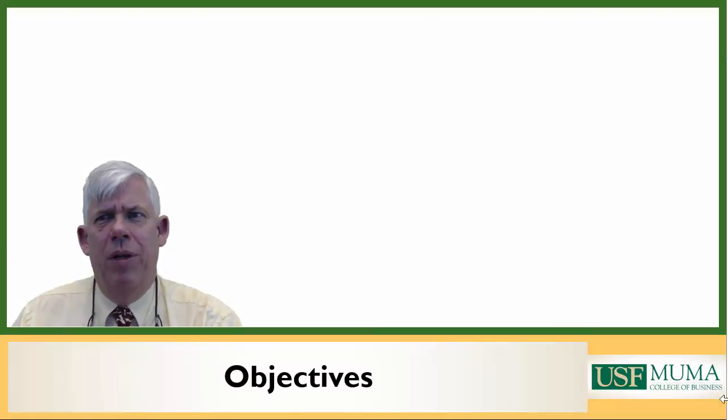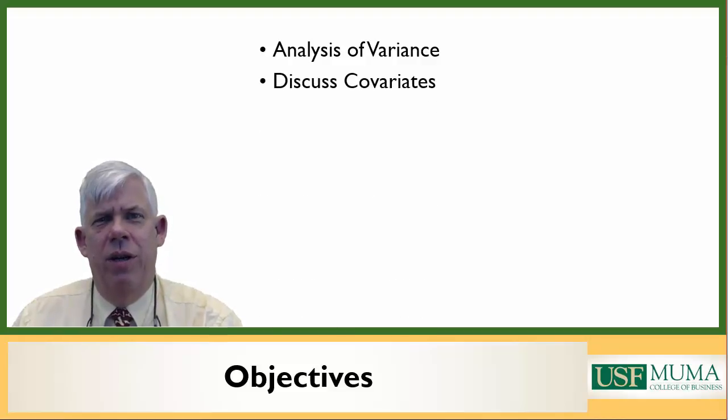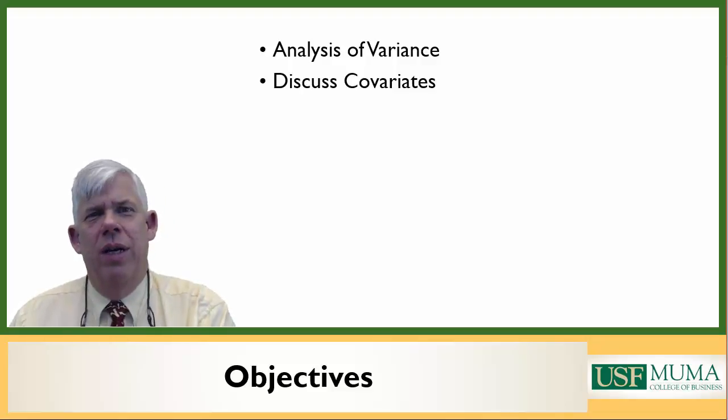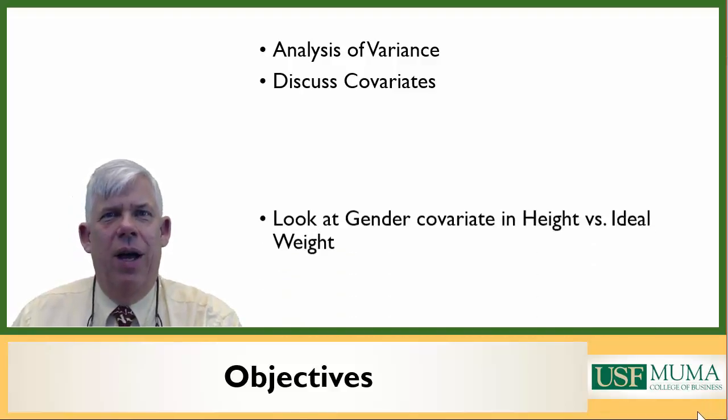So what we're hoping to accomplish in this particular video is first just introduce the notion of analysis of variance. What we will then do is discuss the notion of covariance. These are things that you want to separate out of your experiment when looking at effects on dependent variables.